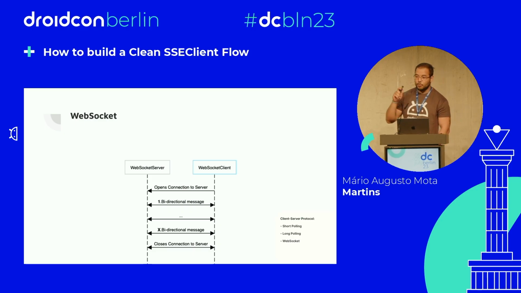Now, the server will be able to send messages to the client, and the client will be able to send messages to the server. It works better. We have a single connection, and the server will be updating us all the time. That's nice, that works, but the problem here is that we are introducing unnecessary complexity to our system. We are moving to a protocol that we are not that used to working with. It's not HTTP anymore.